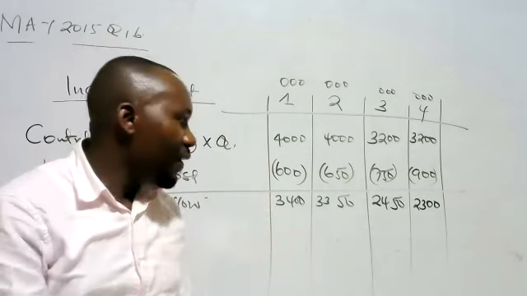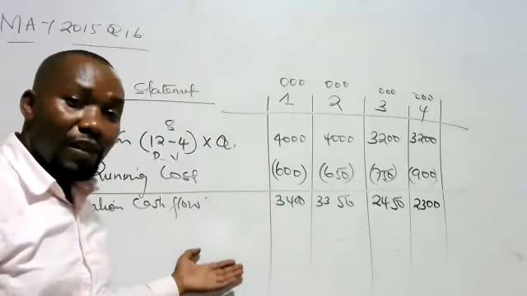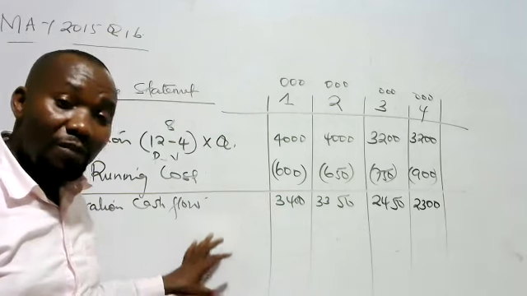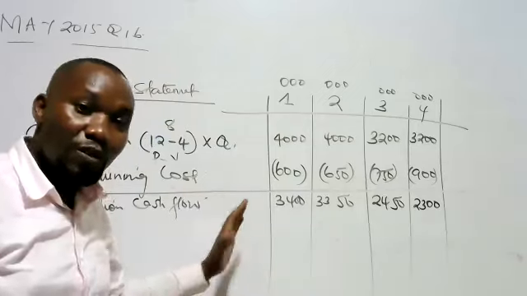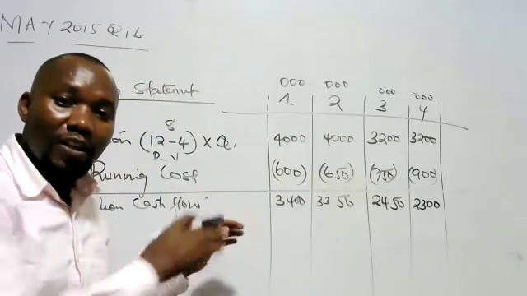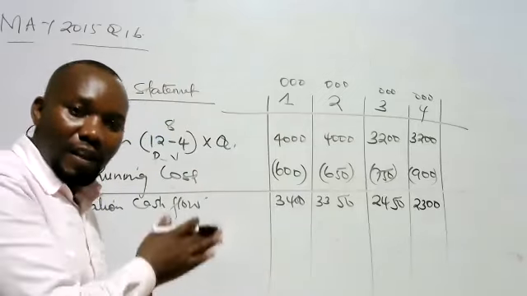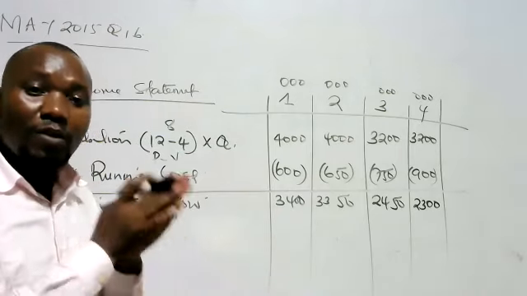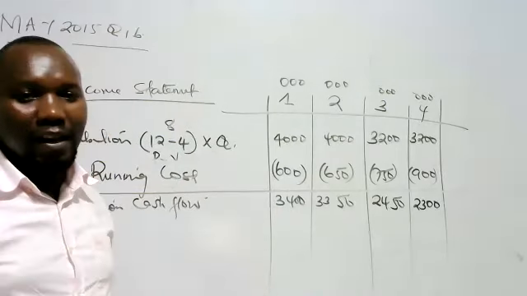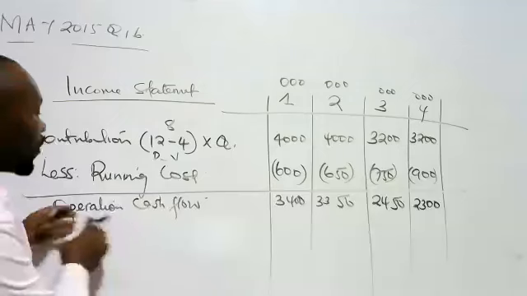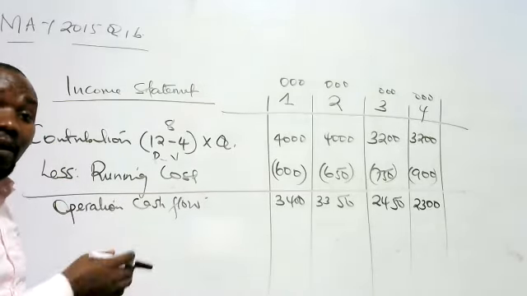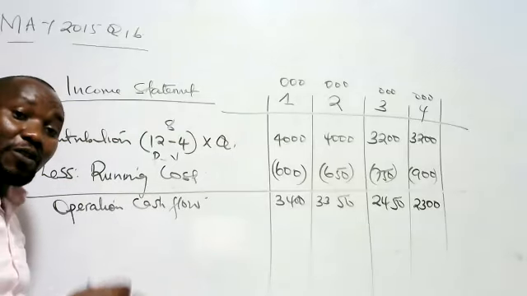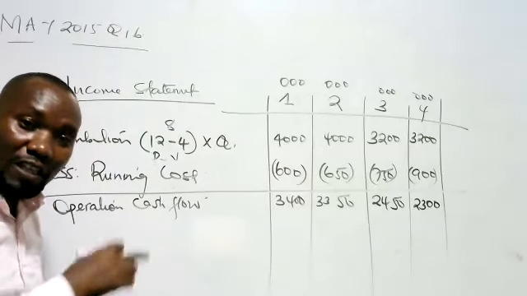So Florence, the reason why we normally depreciate is so that we remain with the balance that can be taxed. After tax, we add it back to your depreciation. We don't have a problem with the depreciation. We deduct it and then add it back. That is why we depreciate. When you are not given tax, leave it. Because when we deduct depreciation here, what is our aim? What are we meant to achieve? We are supposed to add it back because that is not money that went out, there is no cash outflow.